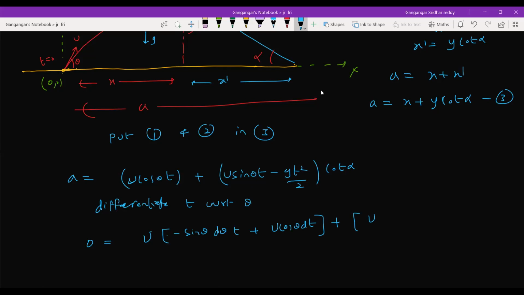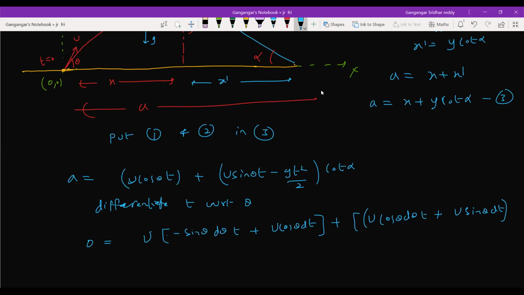Similarly, u differentiation of sine theta gives cos theta d theta t, plus u sine theta dt, using the UV method.